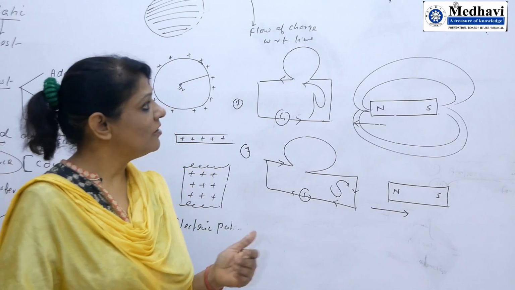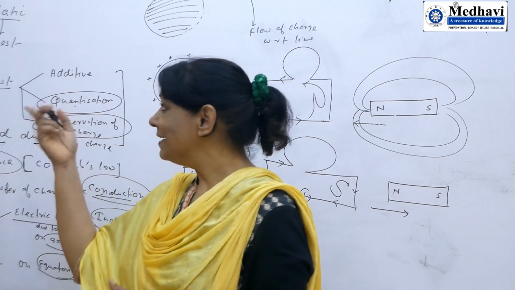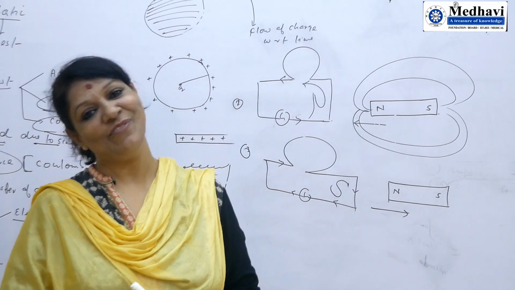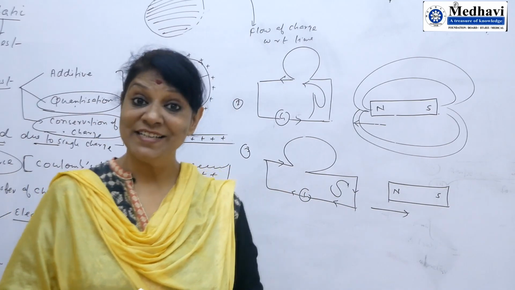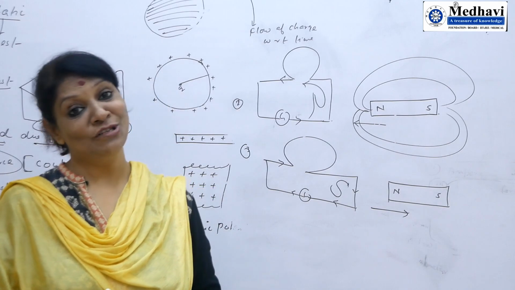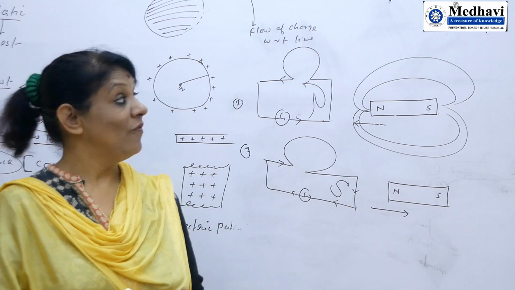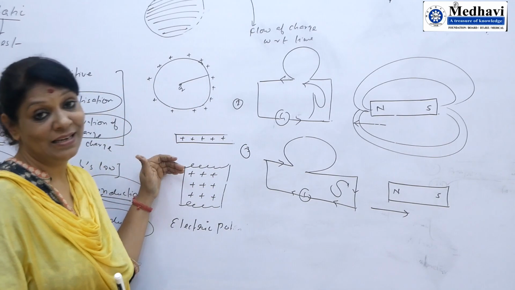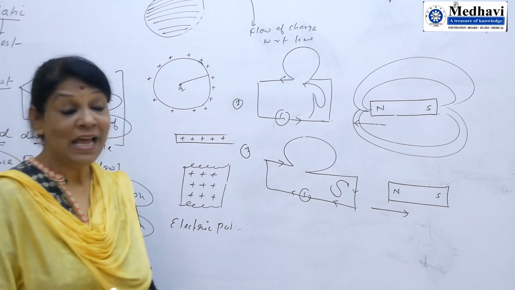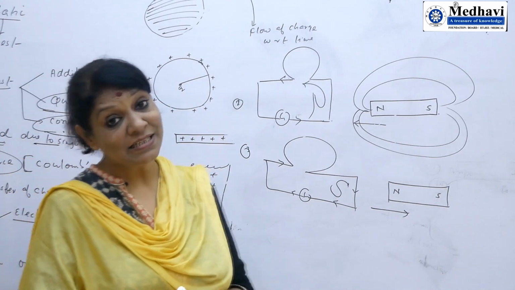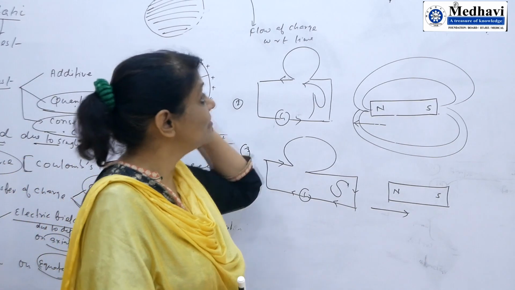So you are observing that a single charge plays different roles. When charges are at rest, they show different properties. When charges are in motion, they start electricity, and a varying electric field will produce magnetism.